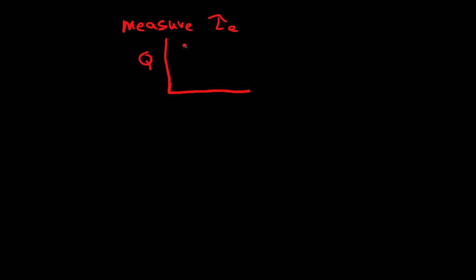So if we have a curve of the exponential form, and we have a Q1 here and a Q2 here, and if we made this measurement at time 0 and this measurement at time t, then we just use our equation, which says that Q2 is equal to Q1 times exp(-t/tau_e).